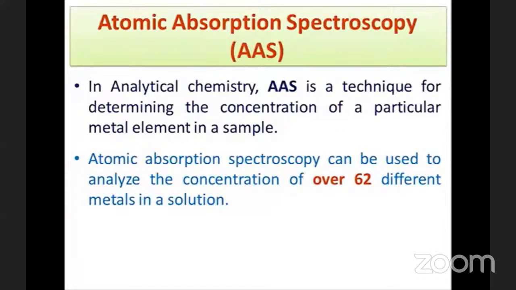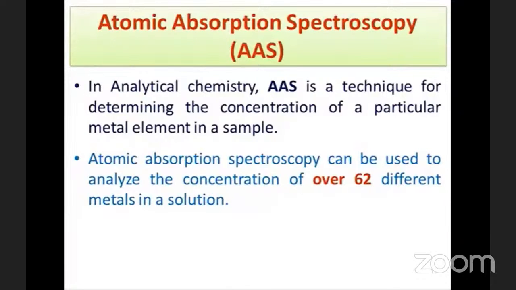Of course, this radiation is the same as that emitted by the excited atoms of the element in flame photometry. This absorption of characteristic radiation helps in the identification of the absorbing element.